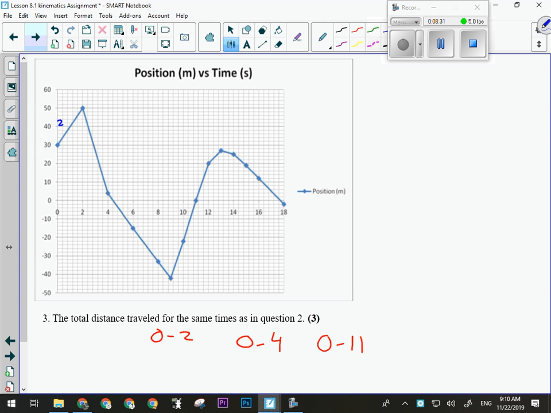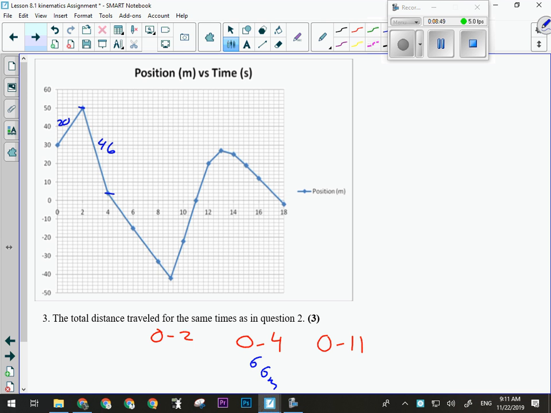So we had 20 meters here, and then we went from 50 down to 4, and that's 46 meters. So in total, between 0 and 4 seconds, the distance is 66 meters. Everybody okay with that? And then to 11 seconds, we've got to keep going.